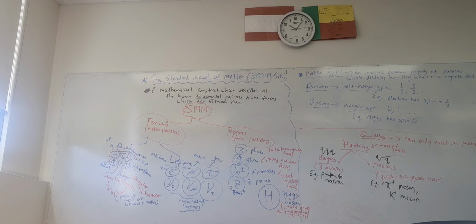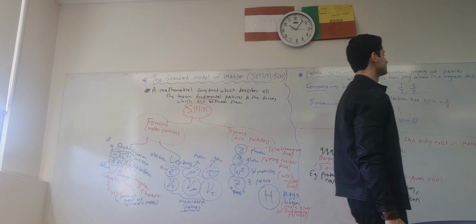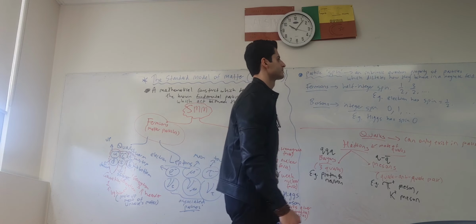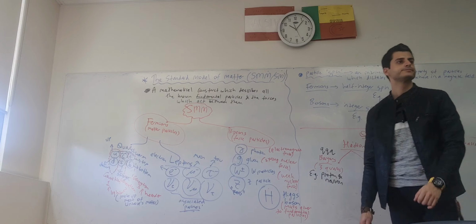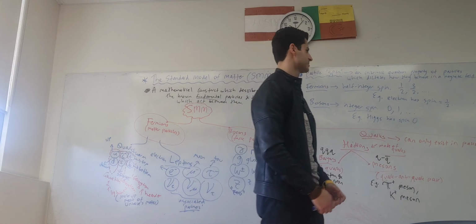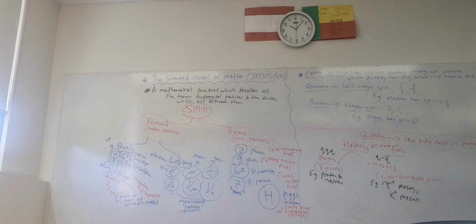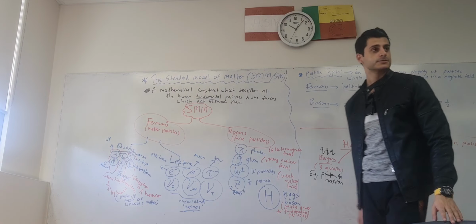It's a nice summary there as well. Other forces, what they interact with. Higgs interacts with everything. The Higgs field, that's a good picture to have. Think of it like a net. Quarks interact with it, electrons interact with it, photons don't interact with it, so therefore they have no mass.